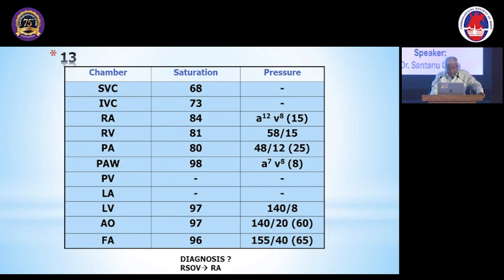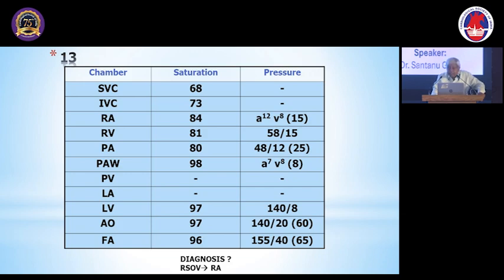Exactly. LA pressure is 10, RV pressure has gone up to 14. And where is the step up in the right atrium? It is in the low RA. Low RA is having an 84.